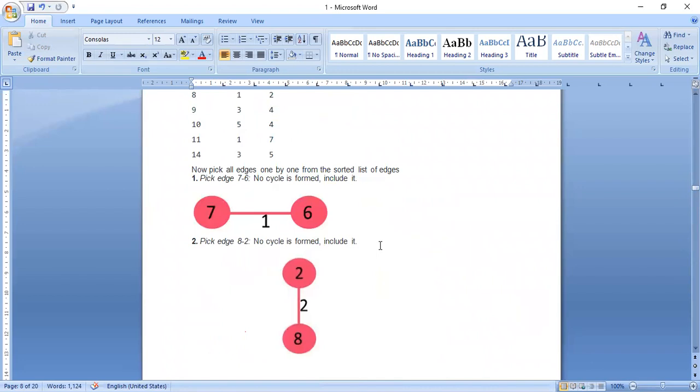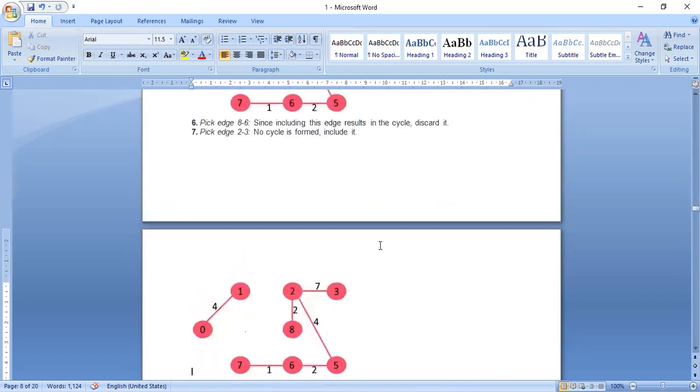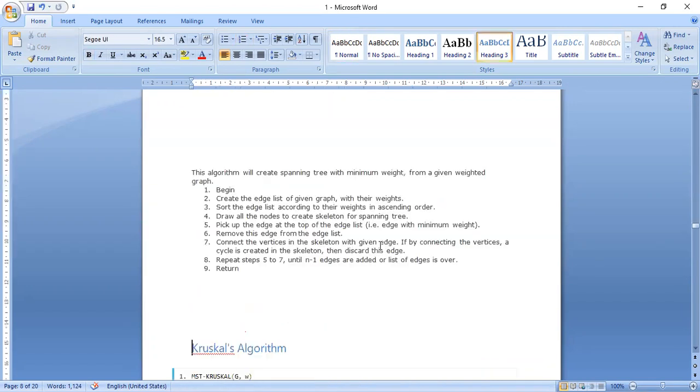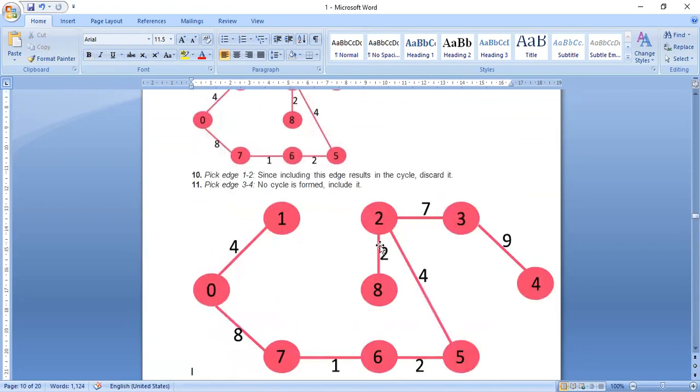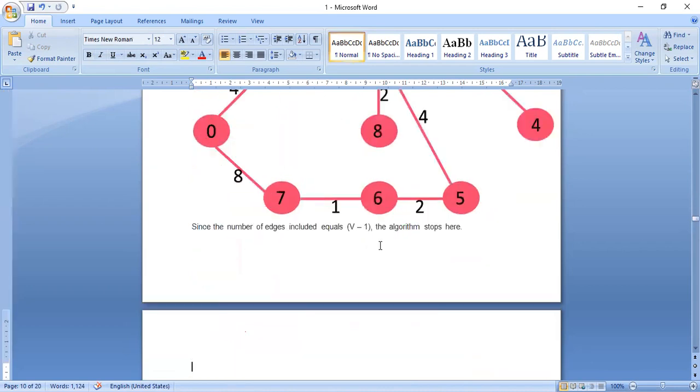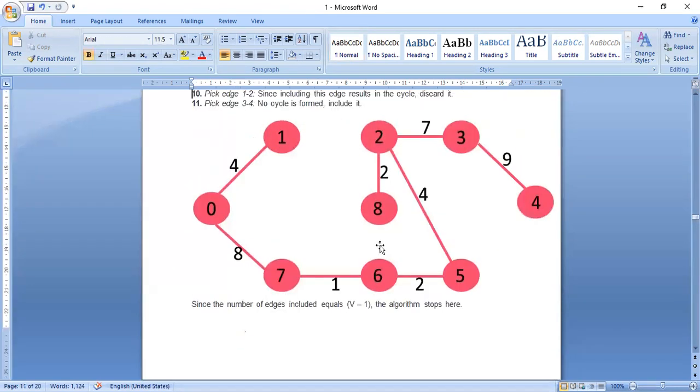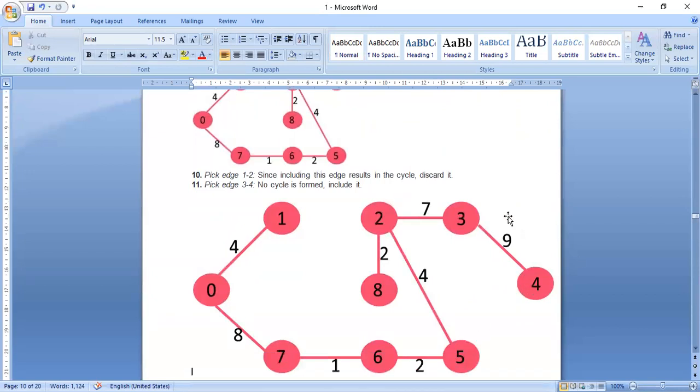Next, the edge with weight 10, edge 5, 4. What is the source and destination? 5 and 4. See, the next step, if I add 5, 4, then it will become a cycle, that is 2 to 3, 3 to 4, 4 to 5, 5 to 2.